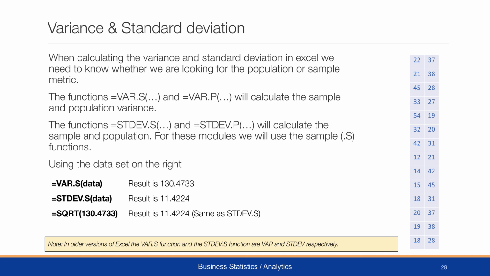In older versions of Excel, VAR.S and STDEV.S are VAR and STDEV respectively. So you're going to see these backward compatibility functions in Excel. You can just ignore those and just use VAR.S and STDEV.S.